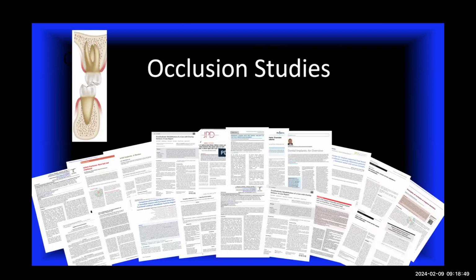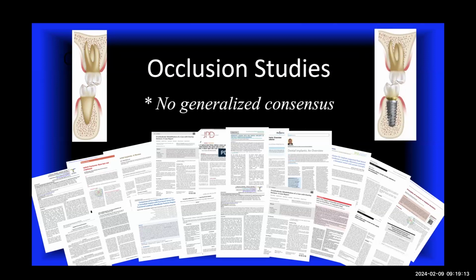Now, if we look at occlusion studies or literature, I've written 3 textbook chapters on it now. I probably have at least 20 articles on occlusion. And one thing I can tell you, I've read almost every article out there in the dental literature. And I have to say, there is basically no general consensus on anything.